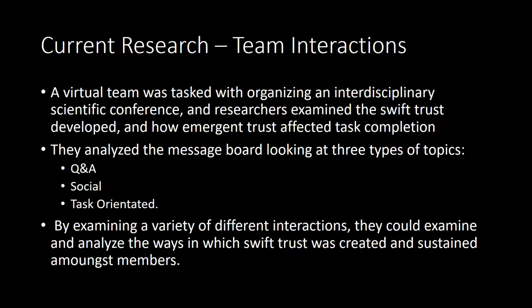So they started analyzing a message board, and they looked at 3 types of topics: question and answer, the social message board, and the task-oriented message board. So they examined these 3 varieties of interactions, and then they could examine and analyze the ways in which swift trust was created and sustained amongst the members.